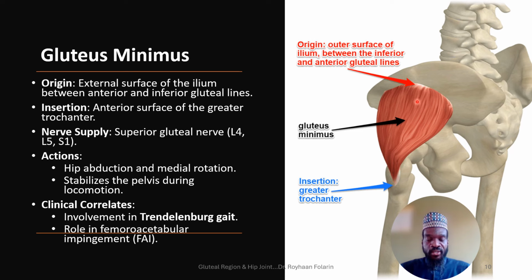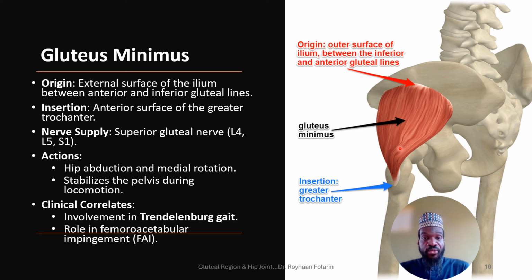When this muscle contracts, it contributes to hip abduction and also medial rotation of the head of the femur, thus stabilizing the pelvis during locomotion as well. It's also supplied by the superior gluteal nerve, which is contributed to by the L4, L5 and S1 spinal nerves.